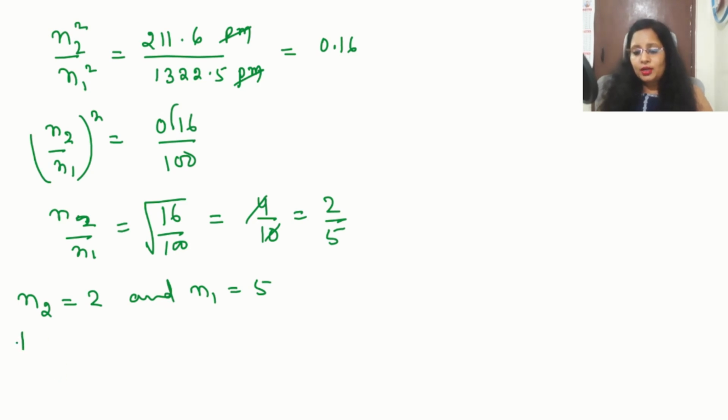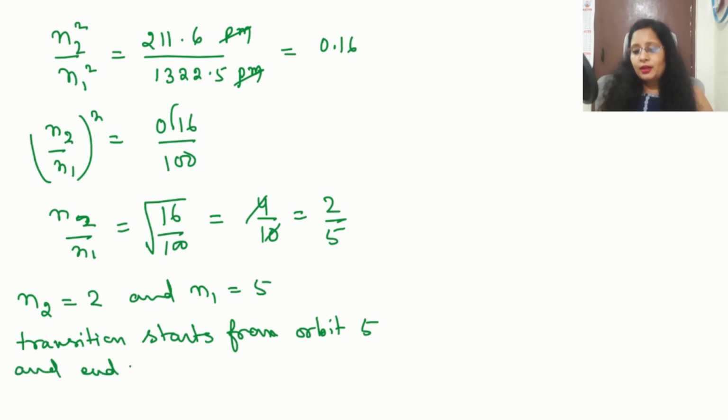So the transition starts from orbit 5 and ends at orbit number 2.